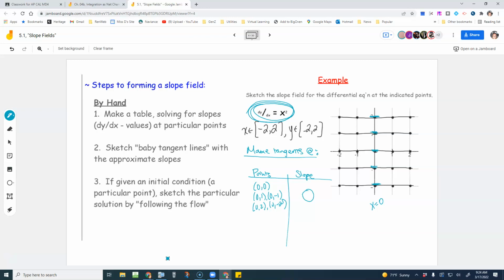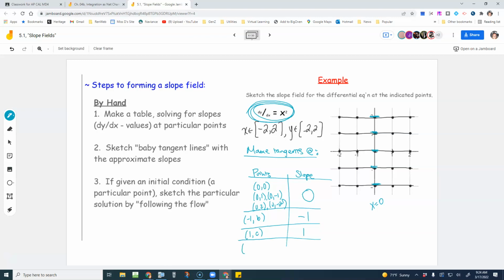Okay, we can also then say, what if we were to do anything with an x value of negative 1? Let's just make it in general. Anything with x equals negative 1, isn't the slope going to be 1? Or anything with an x of 1, I'm going to have a slope of positive 1.